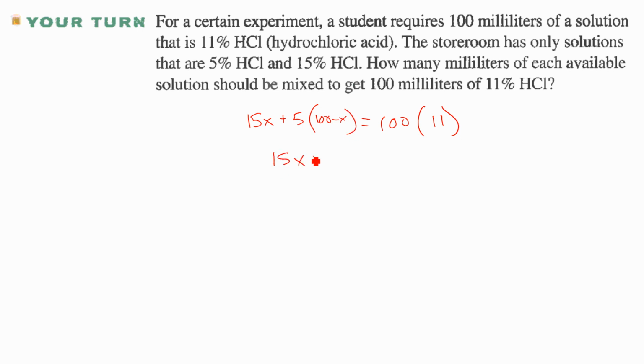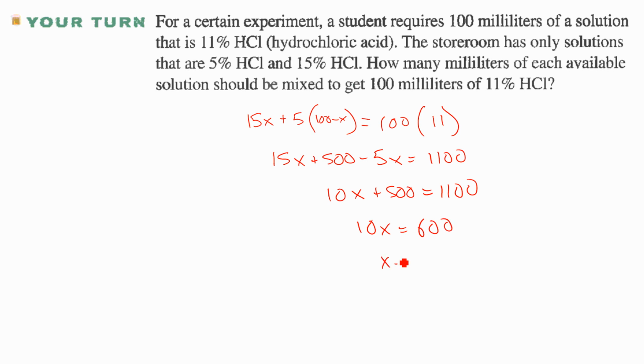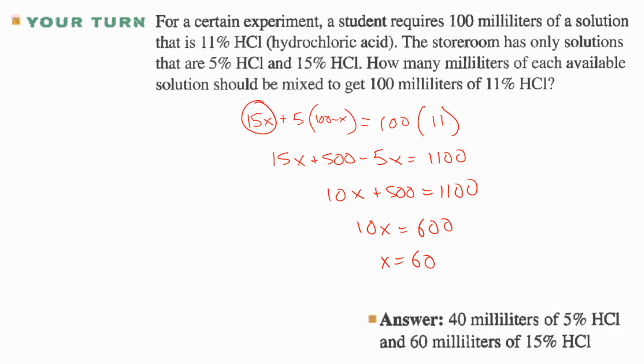So 15x plus 500 minus 5x equals 1100. And so we're going to get 10x plus 500 equals 1100, 10x equals 600, x equals 60. We should have 60 milliliters at 15%, the rest, which would be 40 milliliters, at 5%.